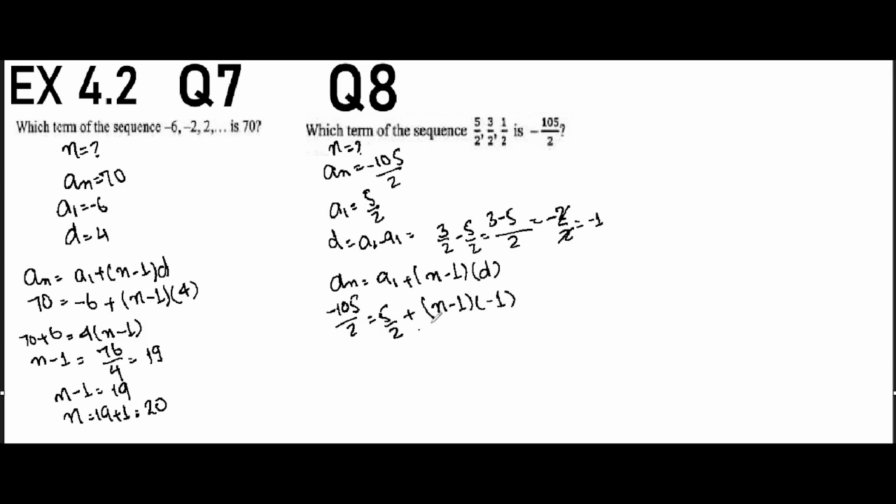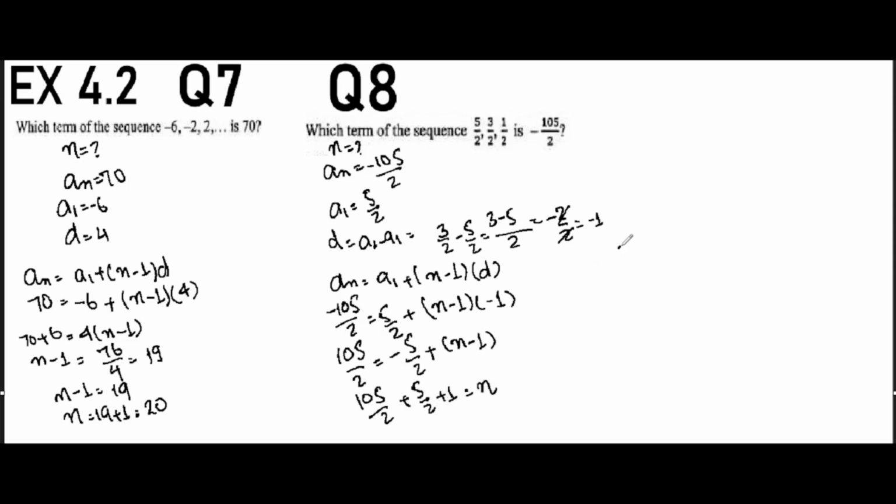Now let's solve it further, taking negative as common from both sides. So we get 105/2 equals -5/2 into (n minus 1)... then we have 105/2 plus 5/2 plus 1 equals n.